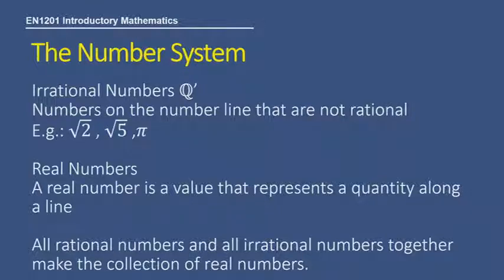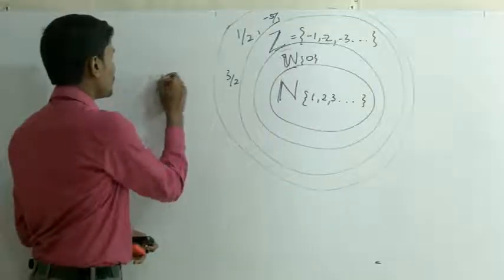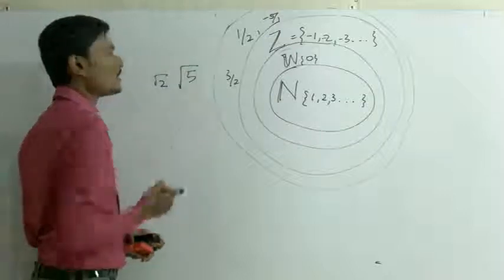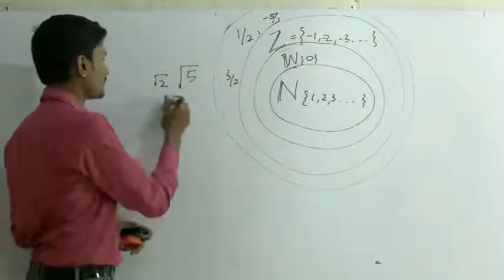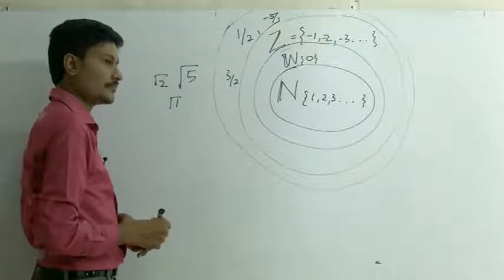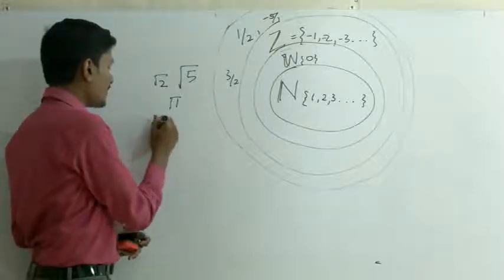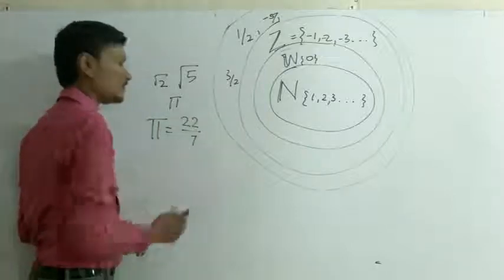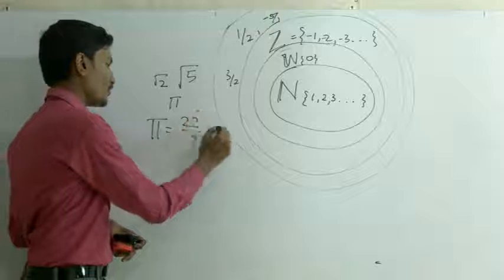Can you think of an irrational number? Root 2 is an irrational number. Root 5 is an irrational number. Pi is an irrational number. But people might think we can write pi as 22 by 7, but this is not true.